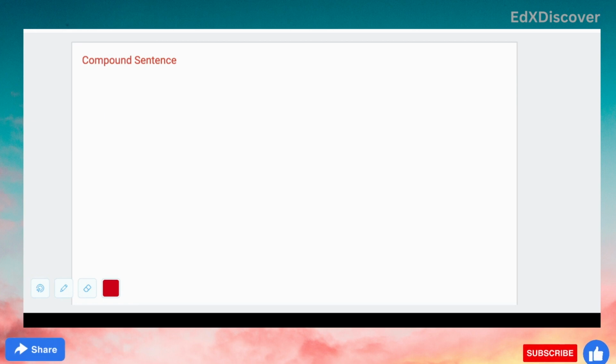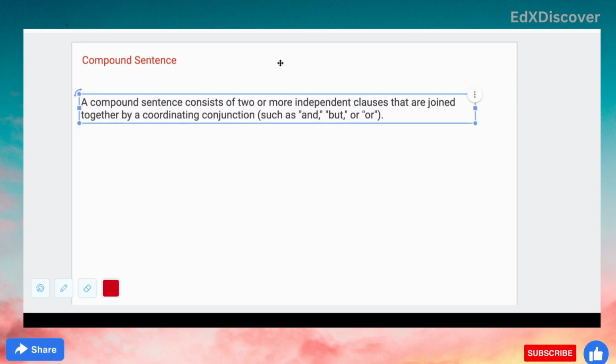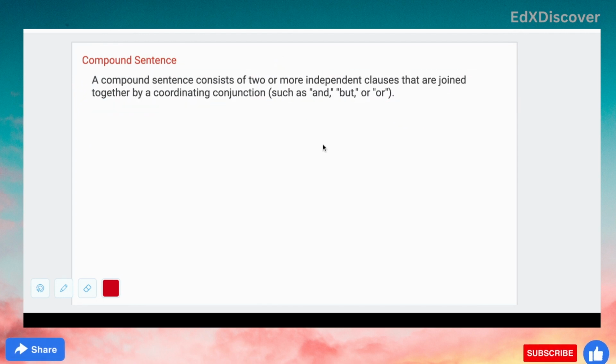Okay, the fanboys are for, and, nor, but, or, yet, and so. Wherever we are using coordinating conjunctions, that sentence is called compound sentence. So the coordinating conjunctions are fanboys.